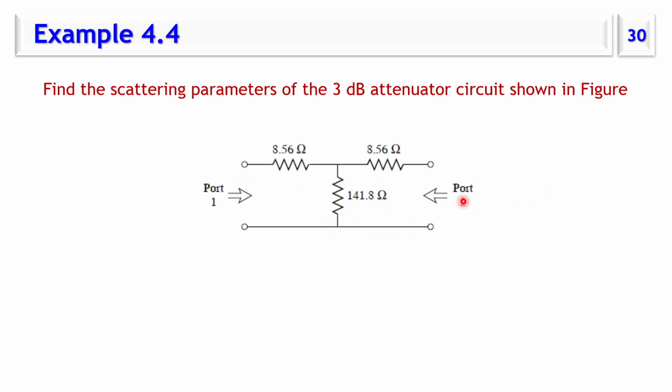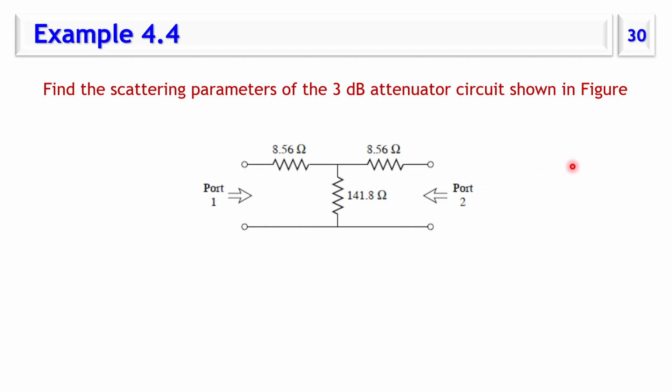This is port 1 and port 2. You can of course see this is all passive elements, and it is reciprocal. And here we will need to terminate a port with a matched load.